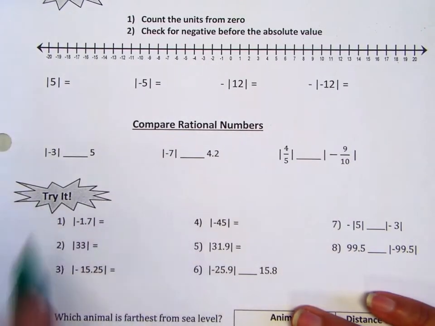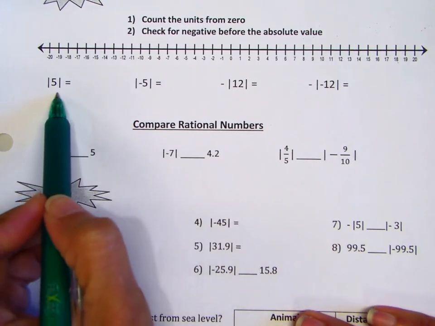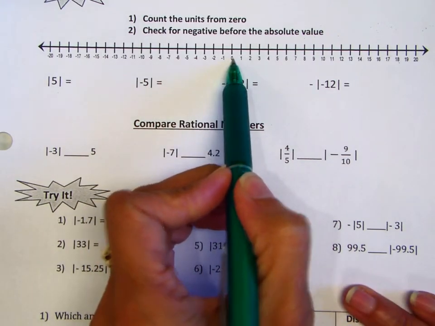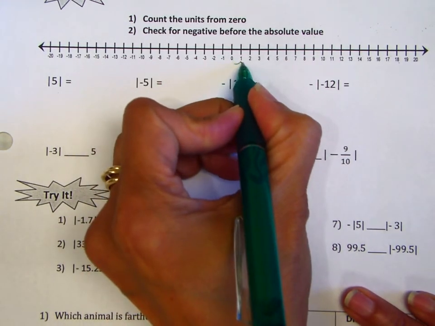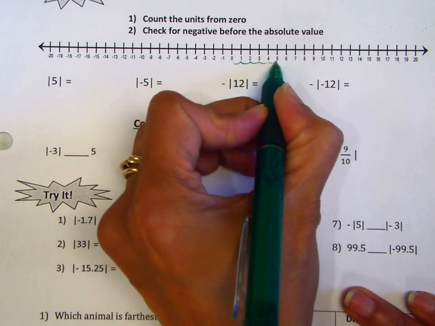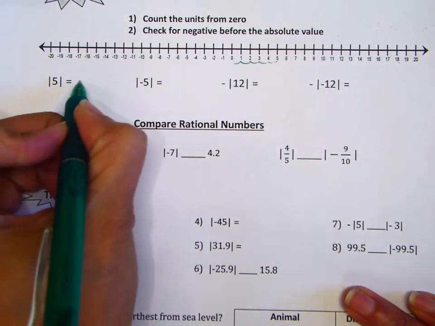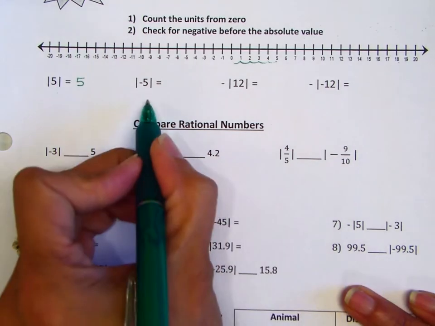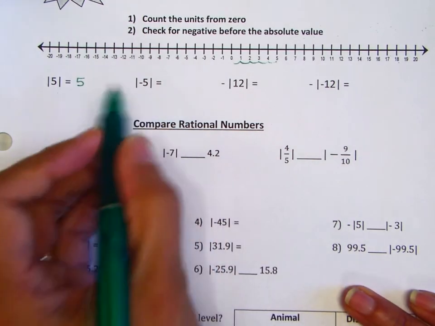So we have the absolute value of 5. How far is 5 from 0? What is that distance? So we will go to 0 and we will count the distance. 1, 2, 3, 4, 5. So we are 5 away from 0. Let's try -5.